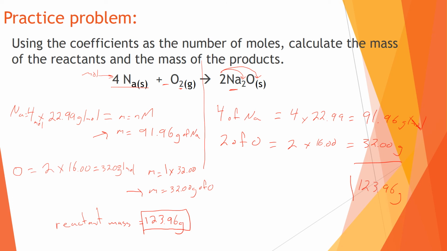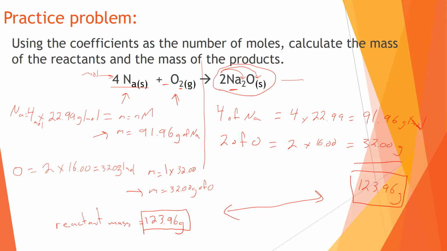What I see is that on each side, my reactant and product side, I have the same mass. Even though on my reactant side I have this lump of grayish metal and this colorless gas, when I apply some energy to them, they form this powdery substance.